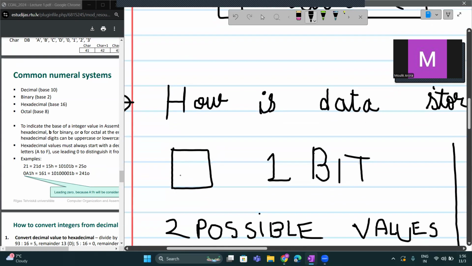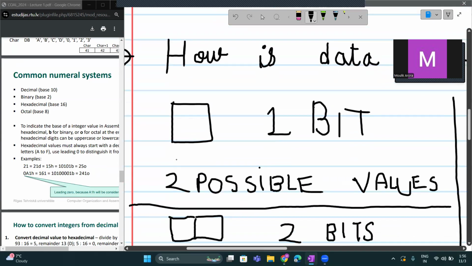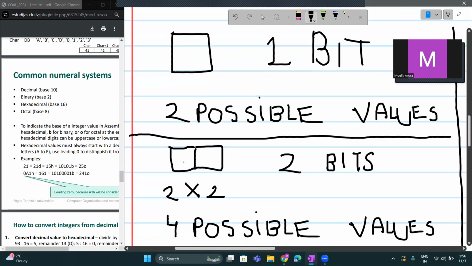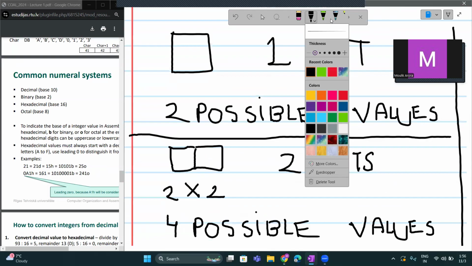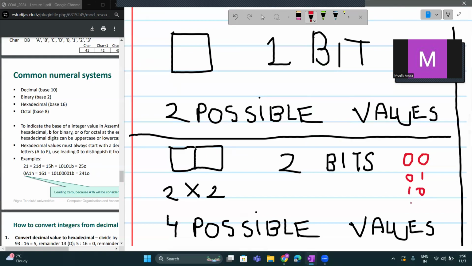This 0 or 1 is called a bit. One bit has two possible values, 0 or 1. But we cannot do much with just one bit. We can just represent a true or a false. If we make two bits, then there are four possible values: 0 0, 0 1, 1 0, 1 1.